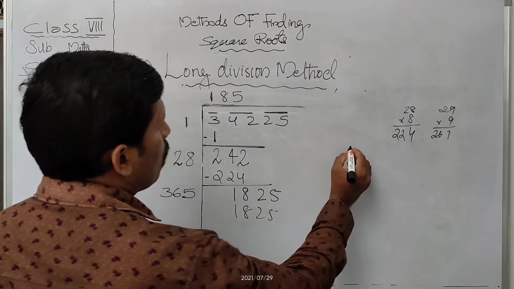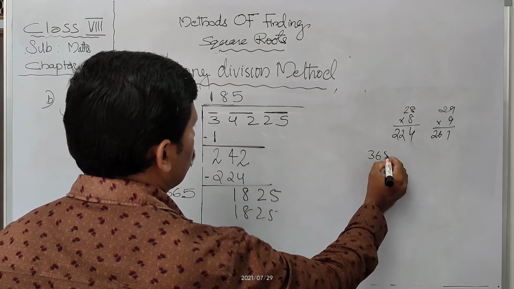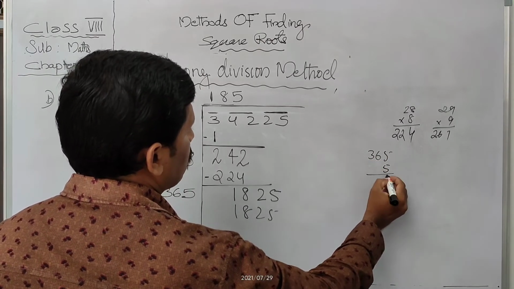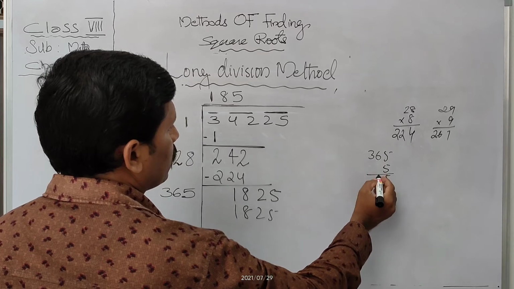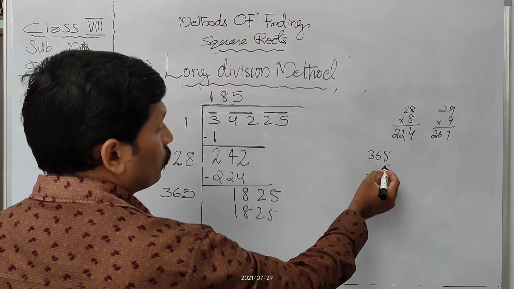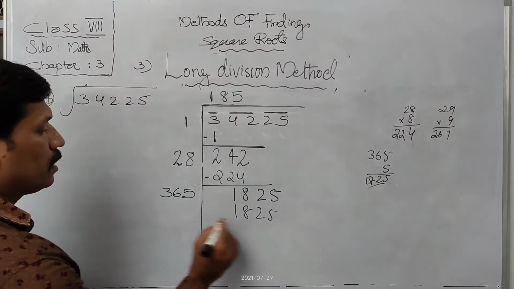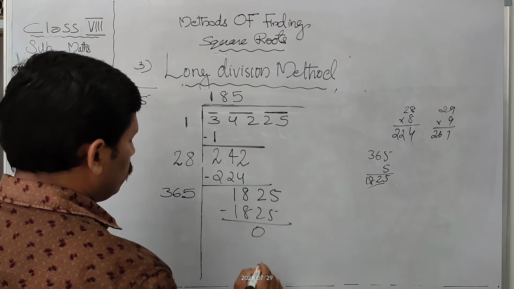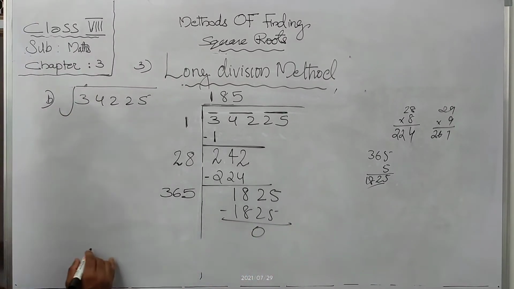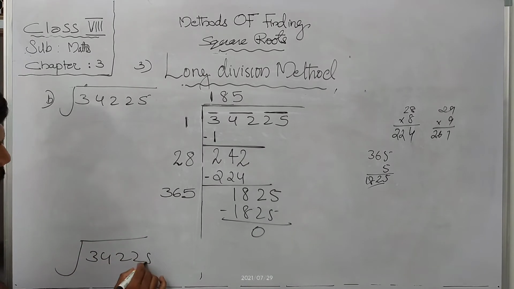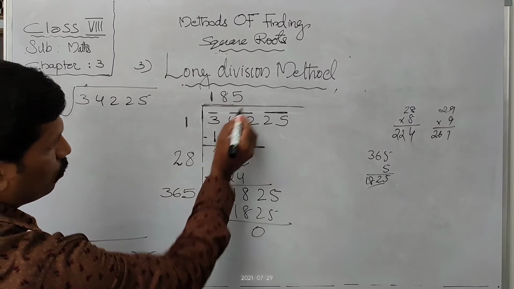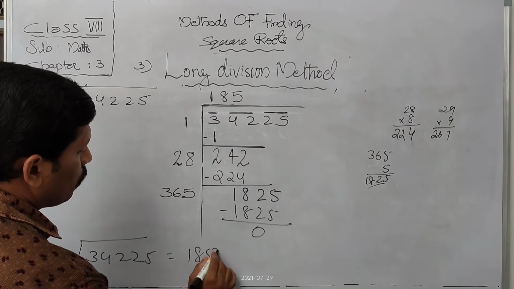You can check, if you have doubt: 5 5s are 25, remainder 2, 5 6s are 30 plus 2, 32, remainder 3, 5 3s are 15 plus 3, 18. So we get 1825, and subtracting gives 0. So the root of 34225 is 185.